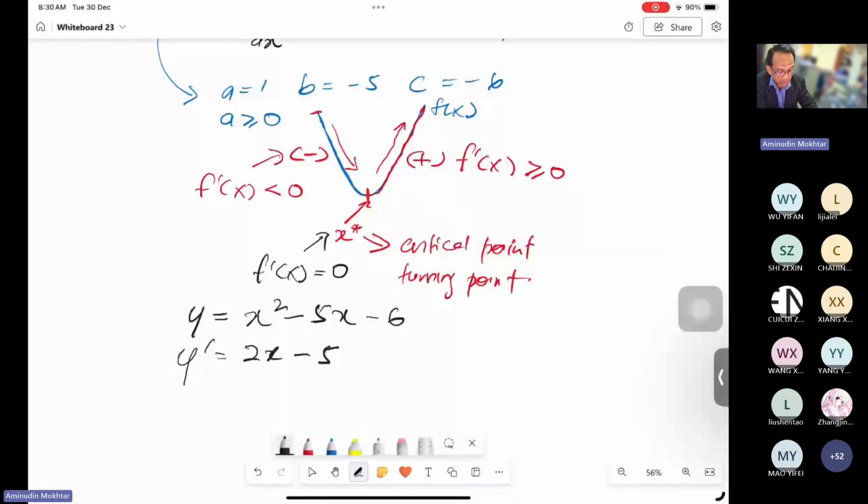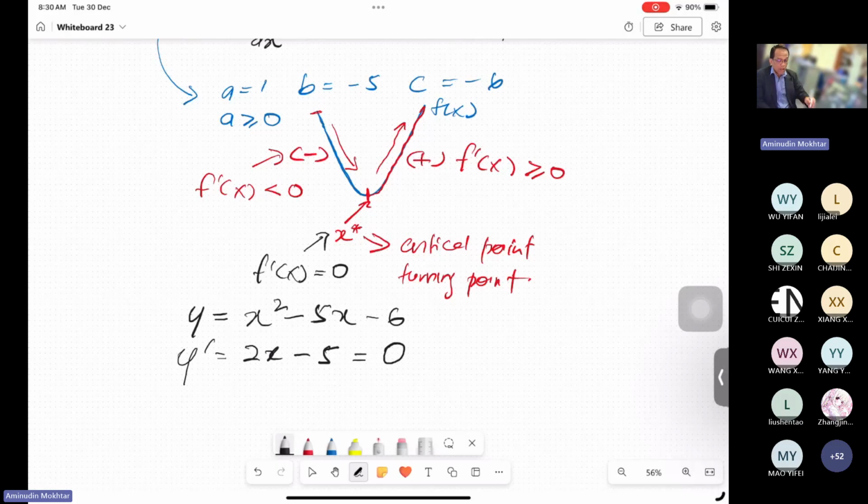In order to identify the positive and negative values of dy dx, we need to find where the slope equation equals 0.